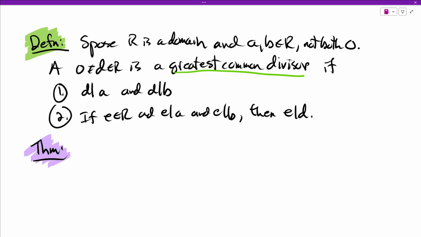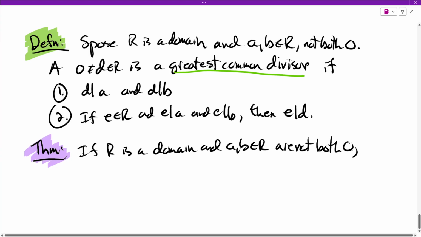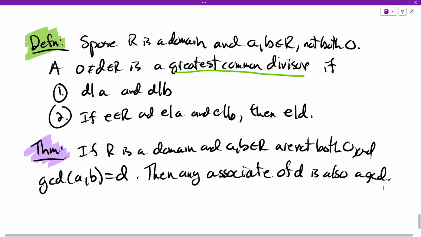And the theorem says that if R is a domain and A, B in R are not both 0, and the greatest common divisor of A and B exists, I'm going to call it D, then any associate of D is also a GCD. So let's go through the proof of that.